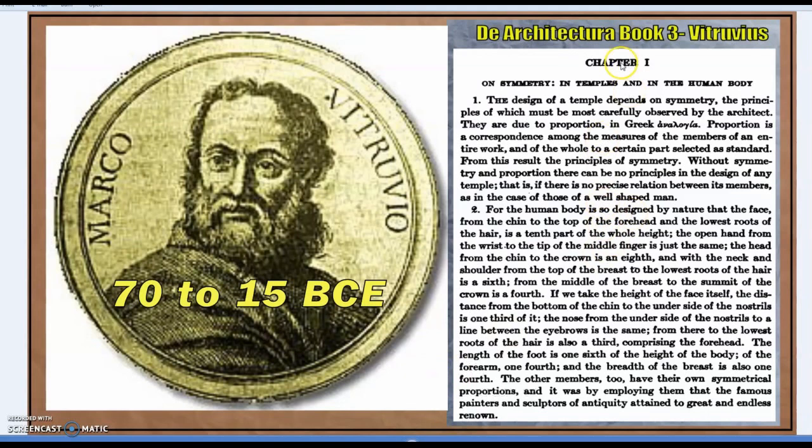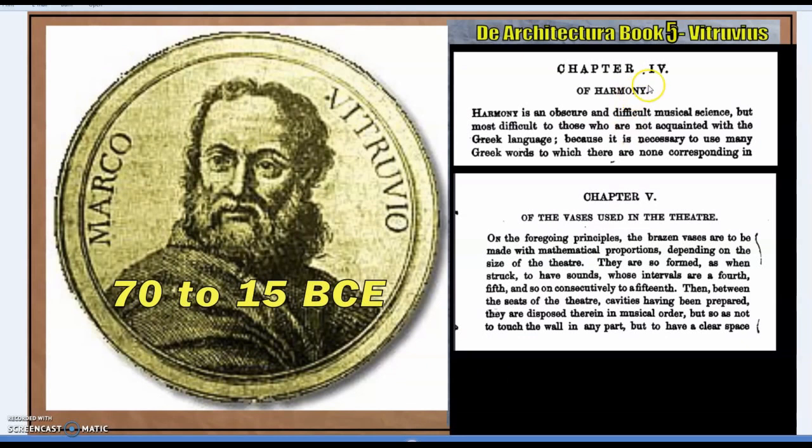So that's in chapter 1, book 3, but in chapters 4 and 5, book 5, I won't read through it all again, but book 5, chapter 4 is on Harmony, and book 5, chapter 5 is on the vases used in the theatre. So they're literally describing the proportions of the way things should be done, and they should be done harmoniously in this obscure and difficult music science.